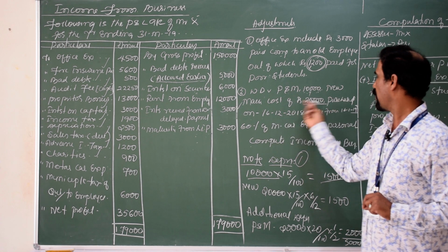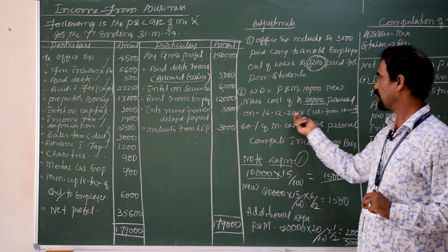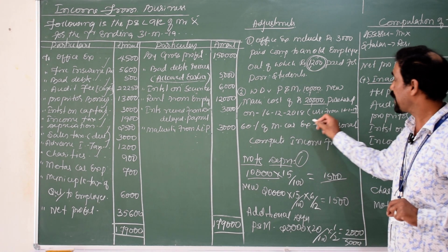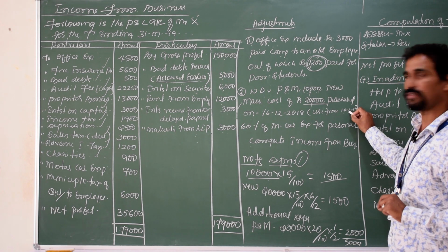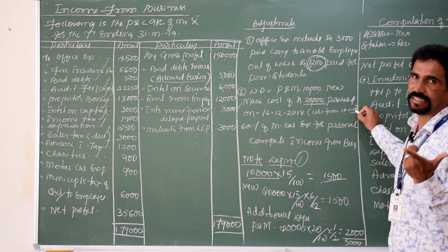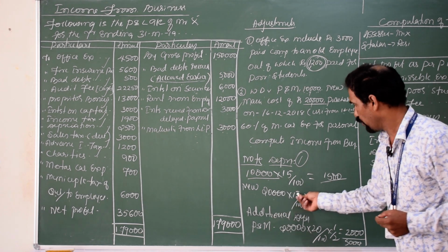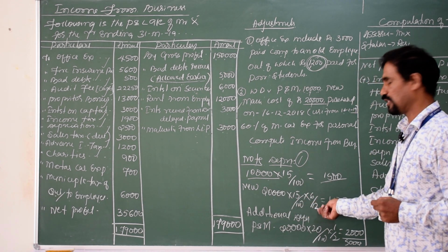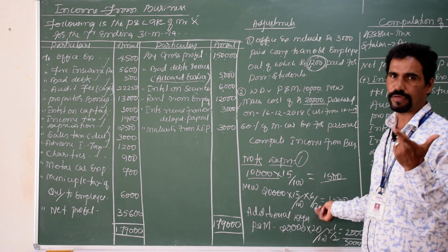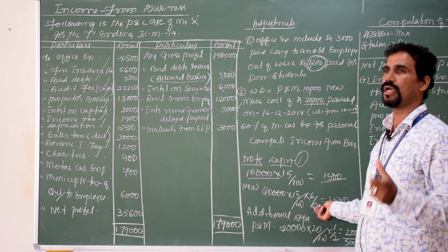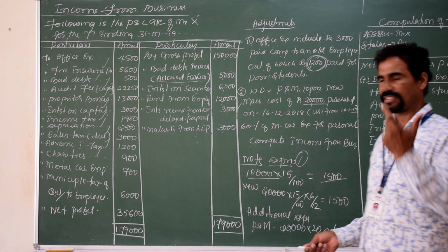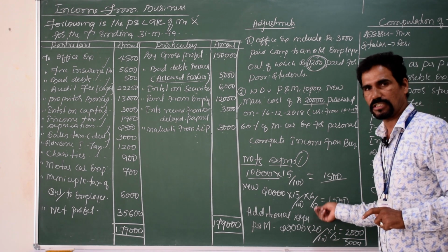When we purchased it on 16/12/2018, but we are using it from 16th January 2019. So, as per this, 20,000 into 15% into 6 months or 1/2 or 50%, whatever it may be, same process. 1/2 is also same, 50% is also same, 6/12, 6/12.